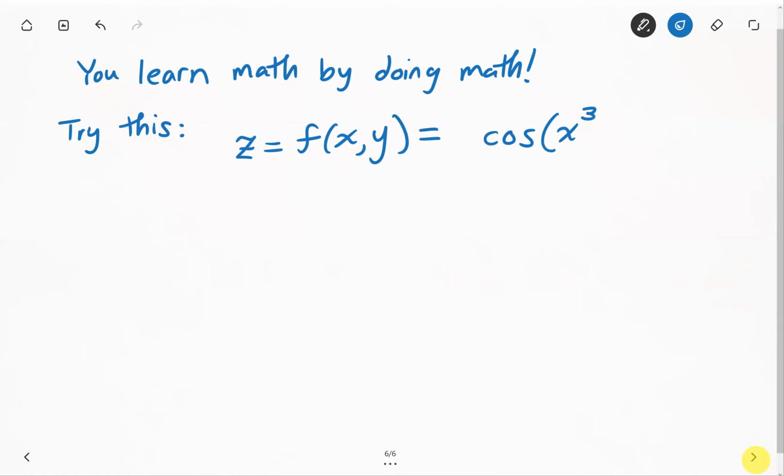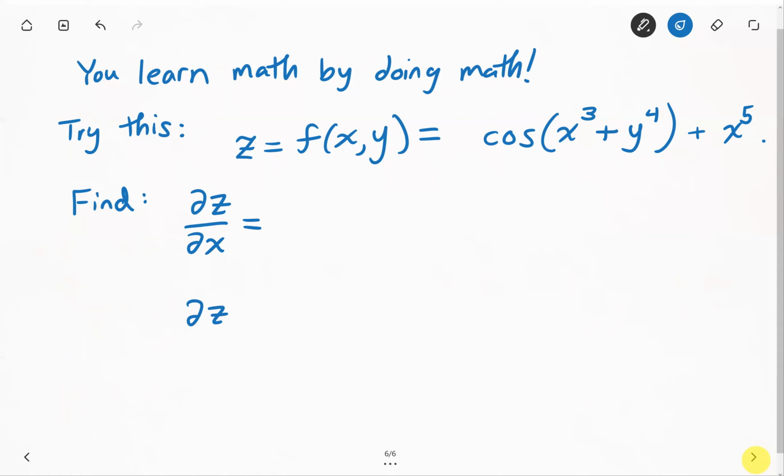Let's try x cubed plus y to the fourth plus x to the fifth. And go ahead and try to calculate the values of the derivatives dz dx and dz dy.